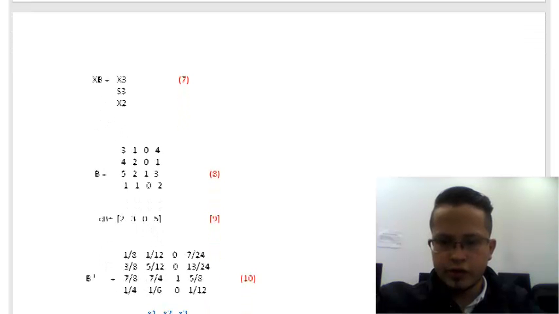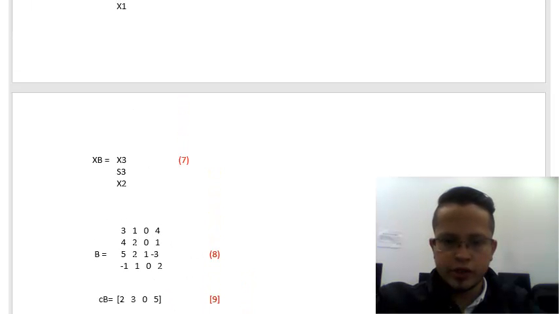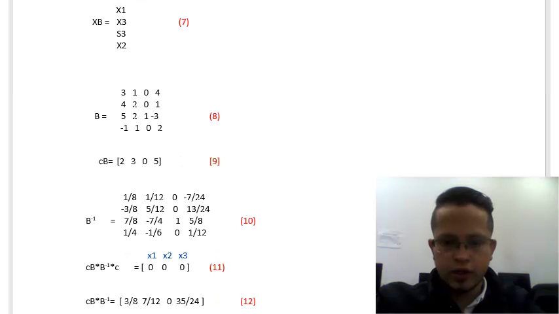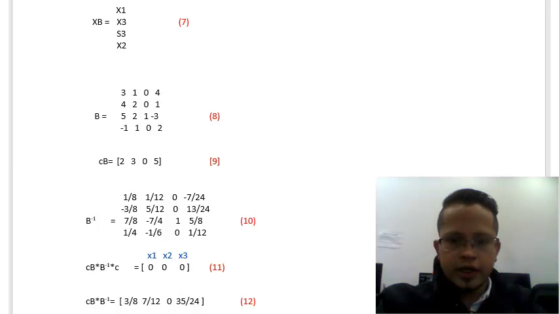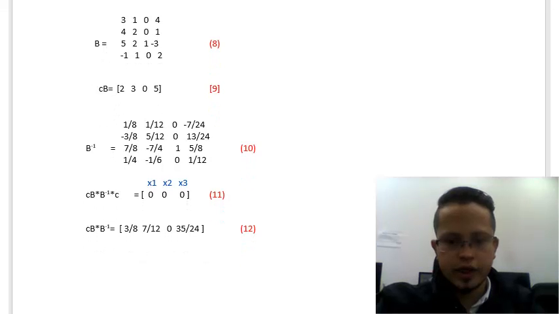I will accordingly change the B matrix to represent the x1 coefficient P1, the x3 coefficient P3, the coefficient of s3 in the original problem, and that is the P2 values again.